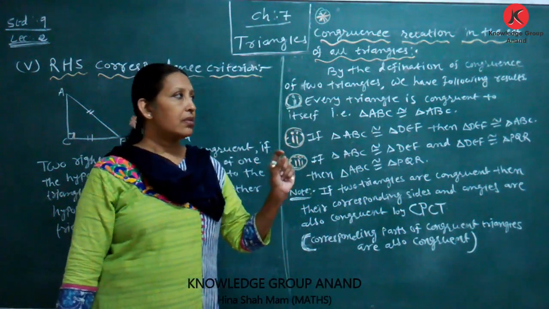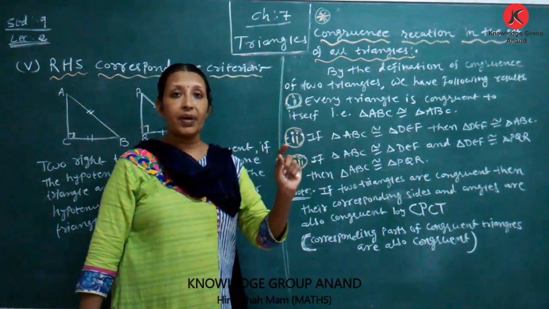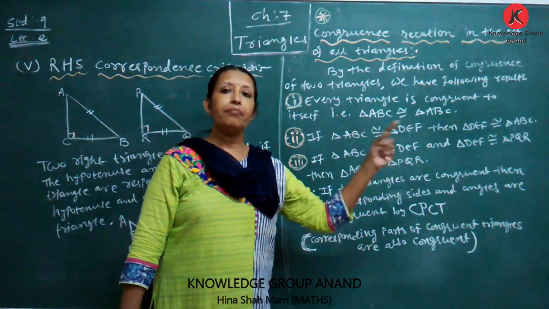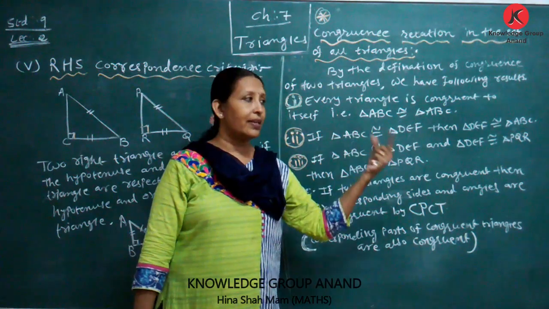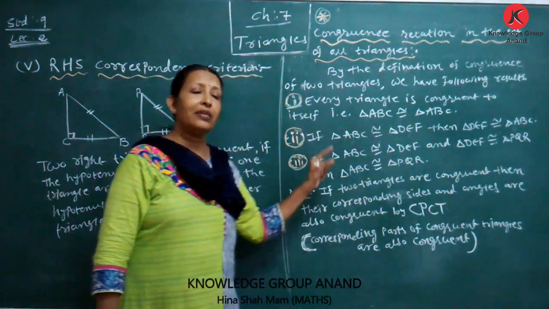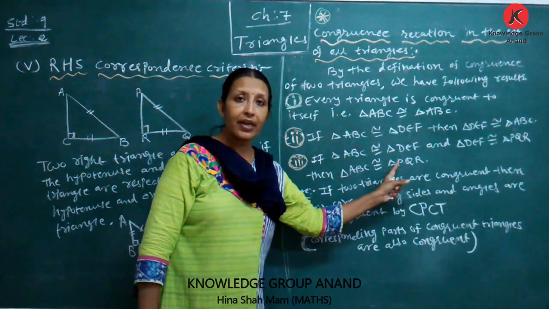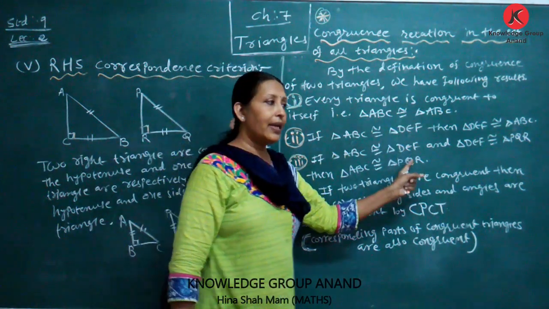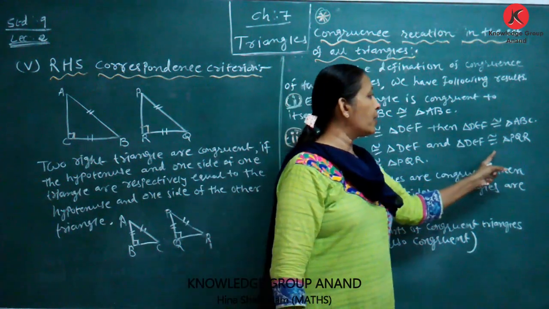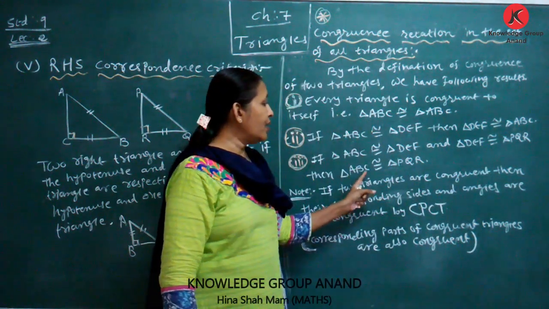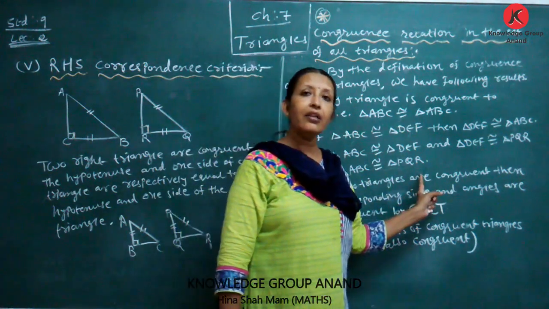We know inequalities about numbers: if A equals B and B equals C, then A equals C. In the same way for triangles, if triangle ABC is congruent to triangle DEF and triangle DEF is congruent to triangle PQR, then triangle ABC is congruent to triangle PQR.